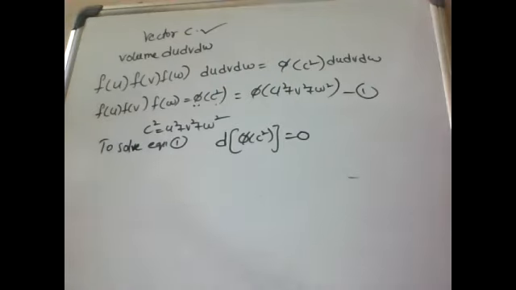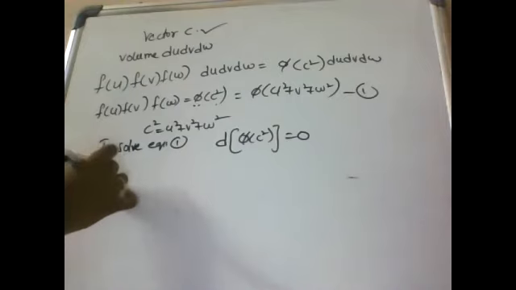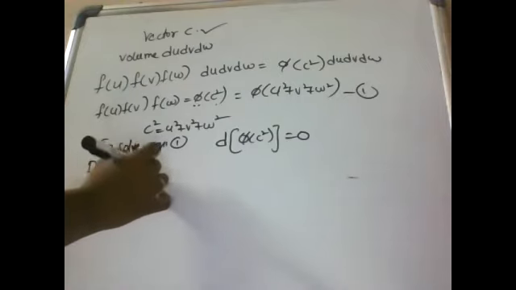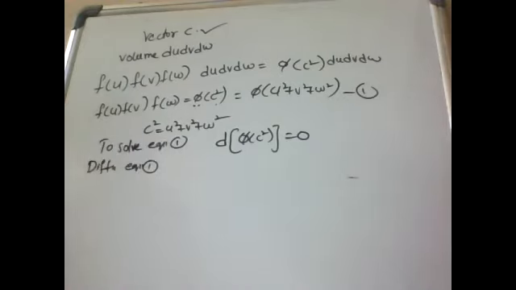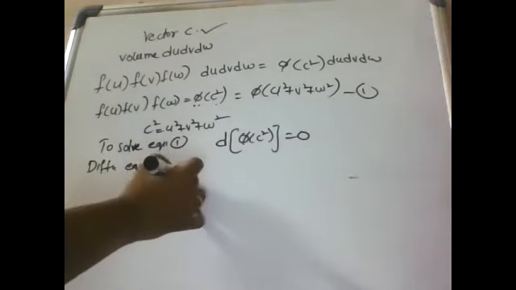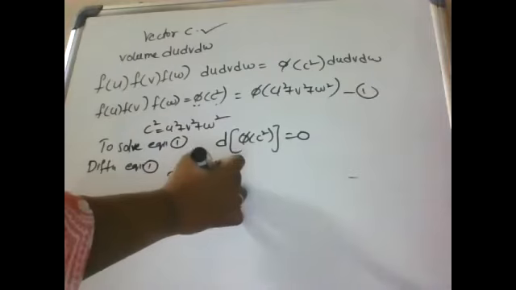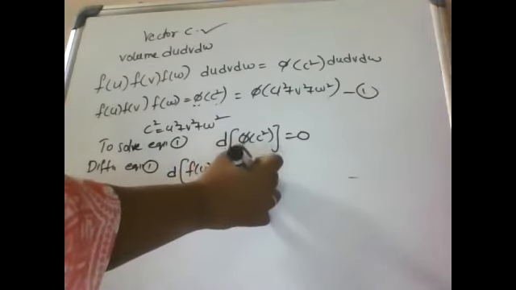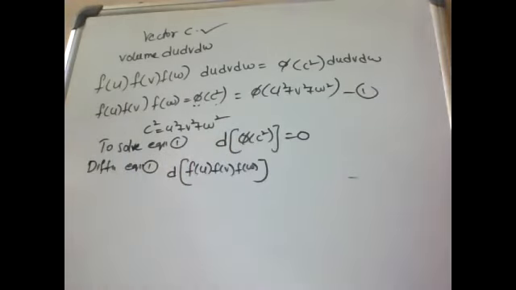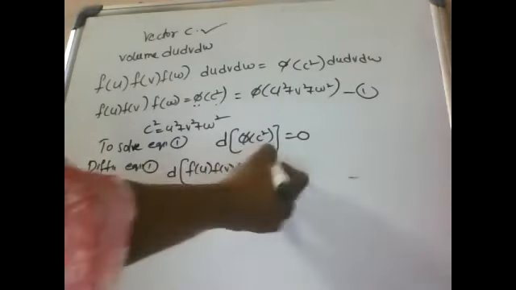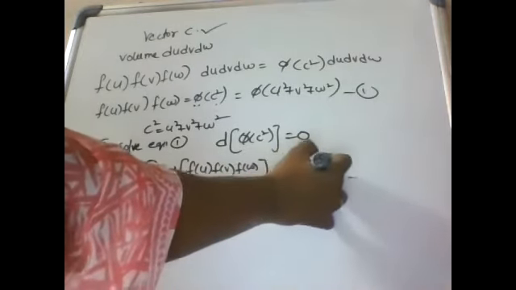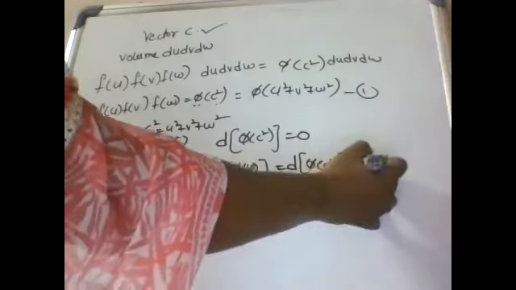So next, differentiate equation 1. Differentiating, we get d of φ(c²), that is d of f(u) f(v) f(w), equal to 0.